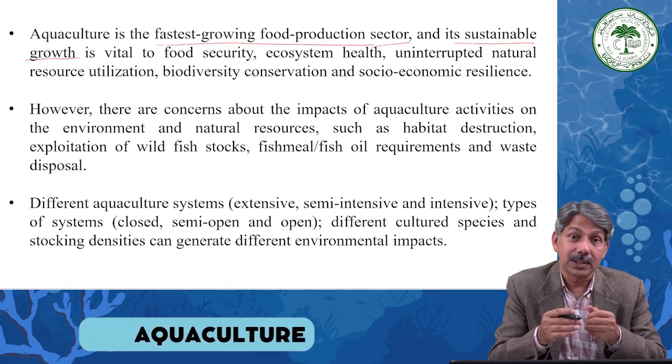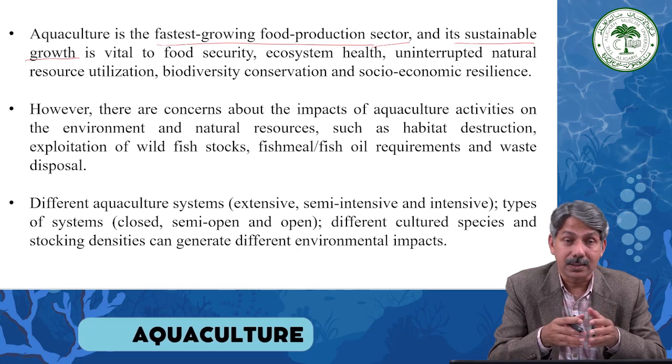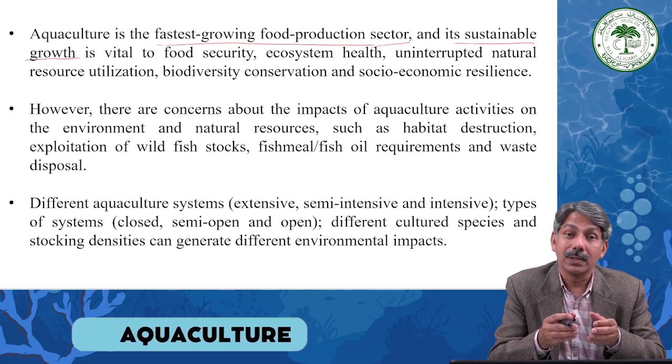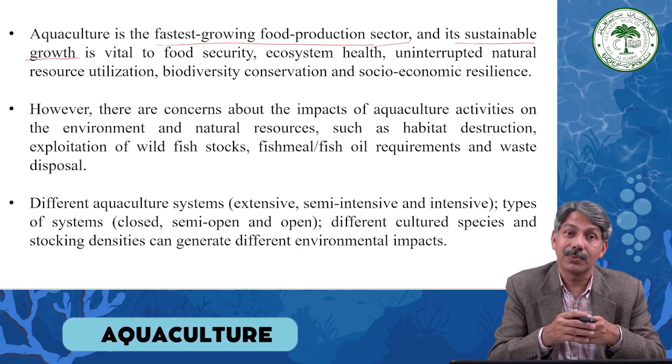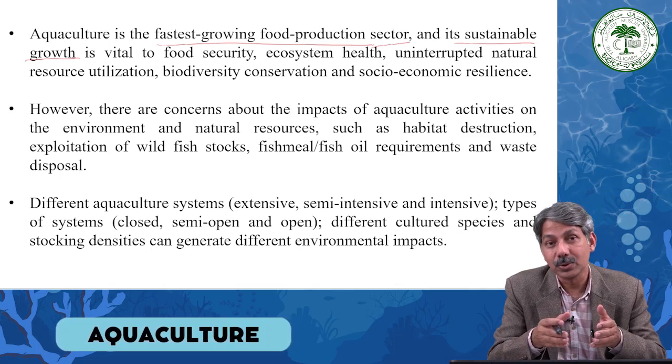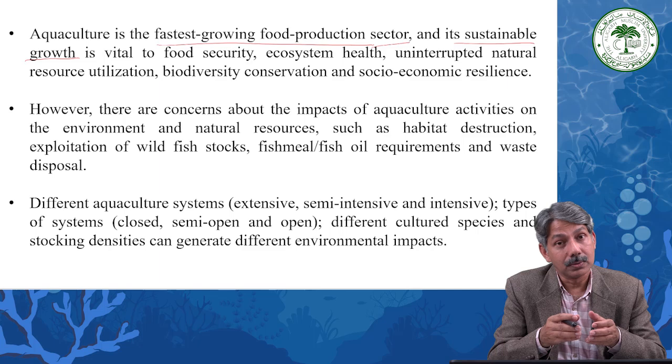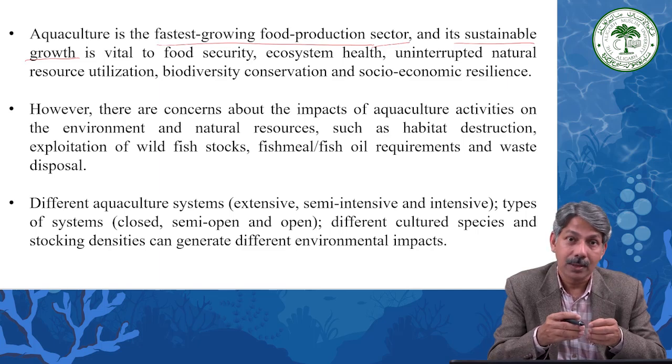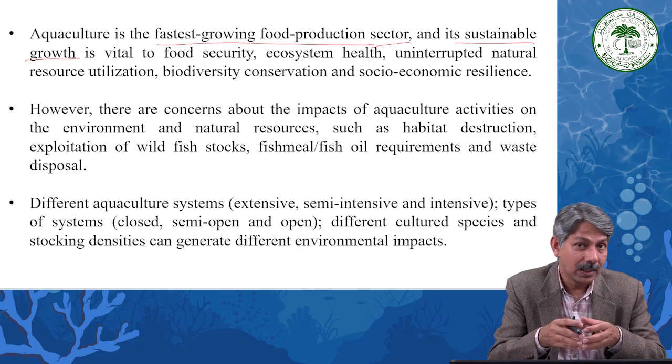For example, in case of freshwater systems, in fact, we are not having enough fresh water for different purposes of different uses in our life. So when we are not having sufficient water for other essential uses, how can we spare fresh water for aquaculture?